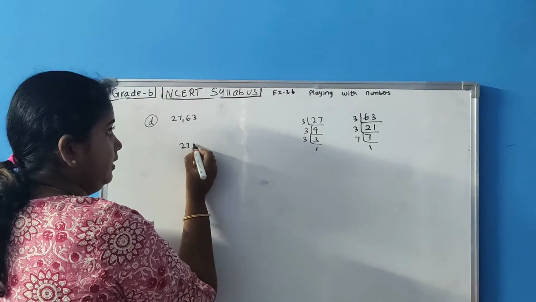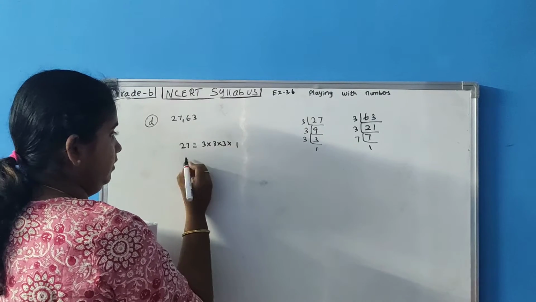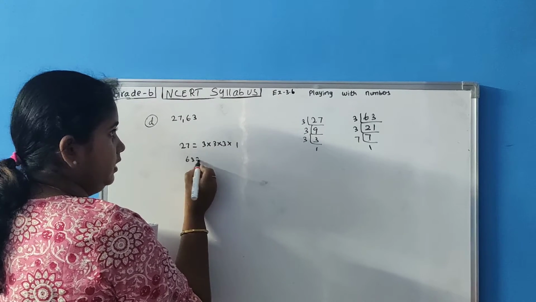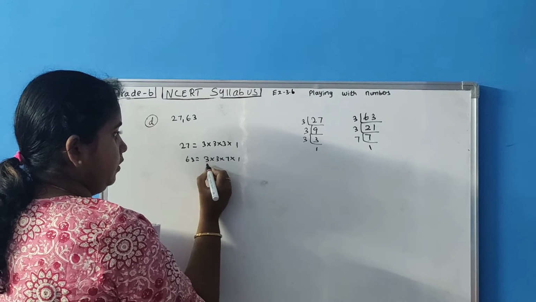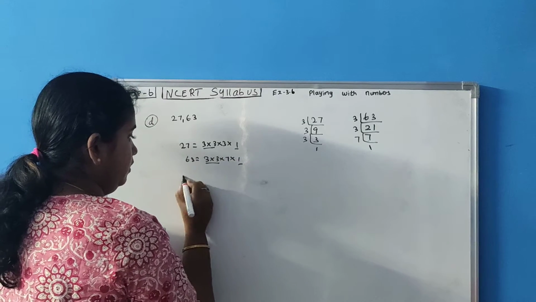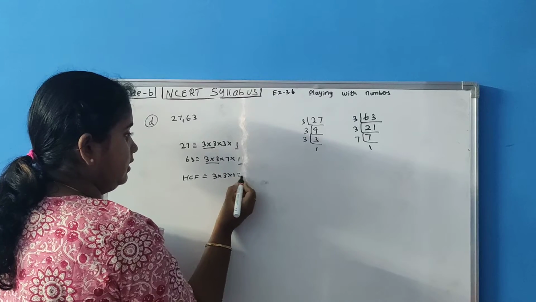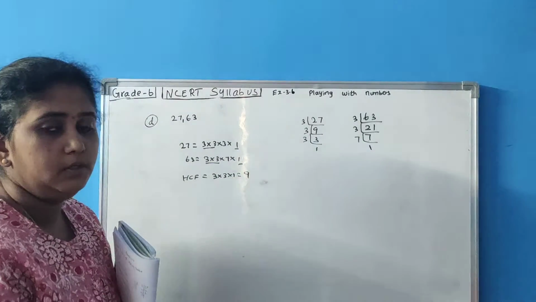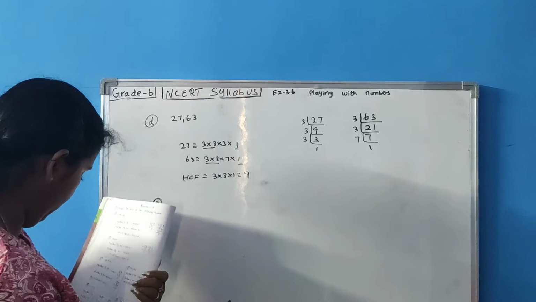Now 27 gives 3 into 3 into 3 into 1. For 63, 3 into 3 into 7 into 1. What are the common factors? 3 into 3 into 1. Okay. Now HCF equals 3 into 3 into 1, that is equal to 9. Did you understand? Okay. Now we'll go for the next E sum.